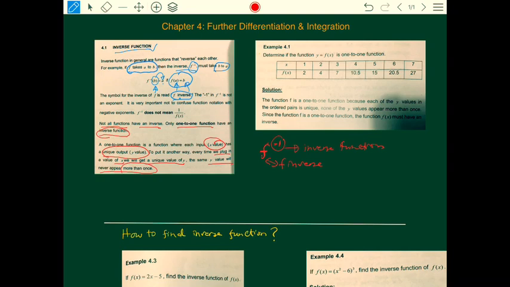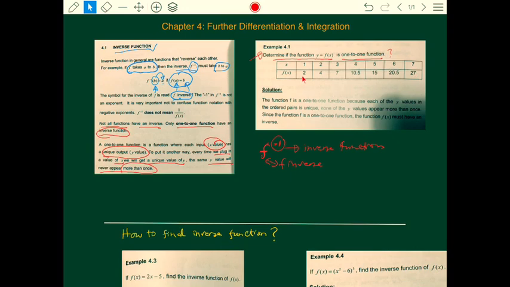So let's see an example for this. Example 4.1 asks you to determine if the function y equals fx is a one-to-one function. If you look carefully, the x values here, 1 until 7, will map out into a unique y output or fx output. For example, if x equals 1, the output will be 2. When x equals 2, the output will be 4, and so on.